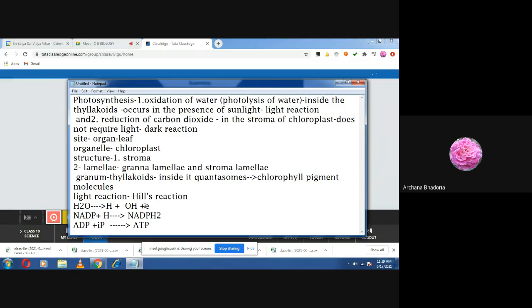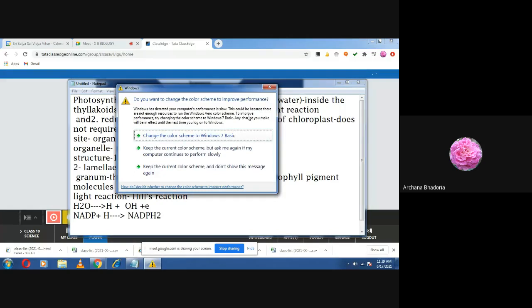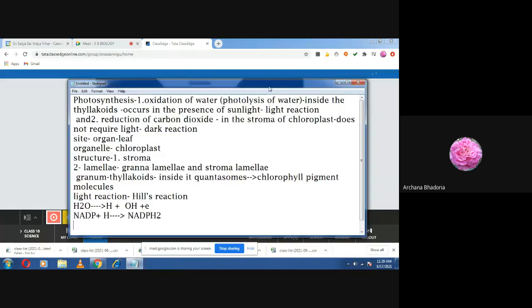The electrons which are released will be used up in the photophosphorylation. तो try to understand, children, ये जो second reaction अपन लिख रहे हैं, this process is called photophosphorylation. Is it clear?